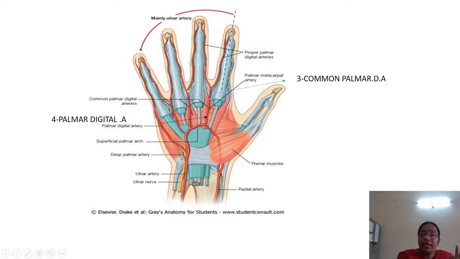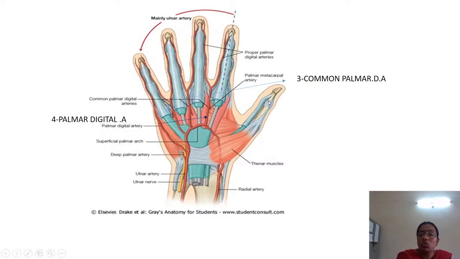Next, the second common palmar, dividing into proper ones, supplies the adjacent sides of the middle finger and the index finger.